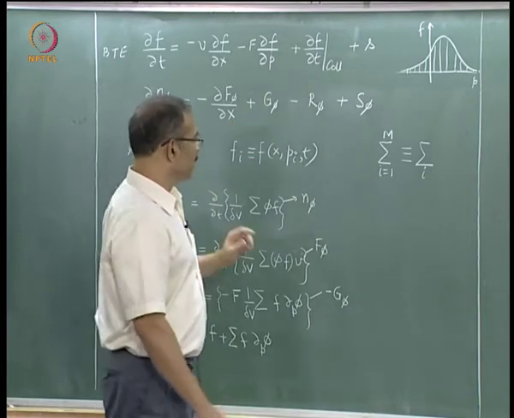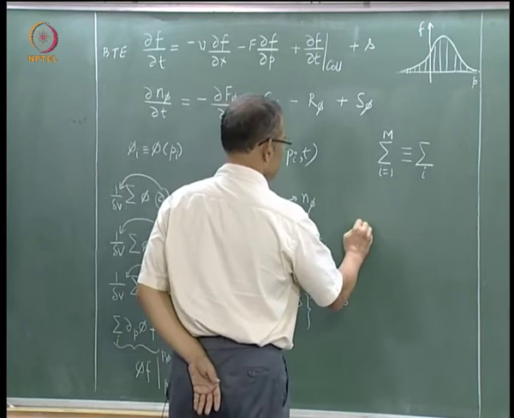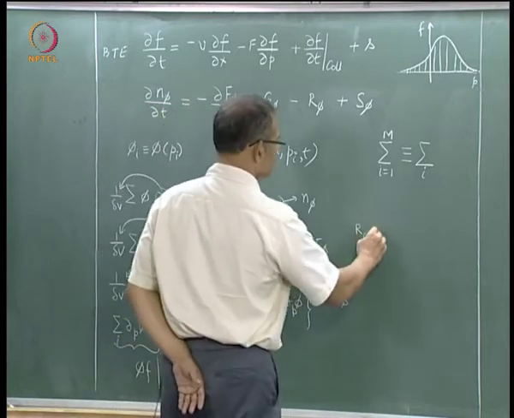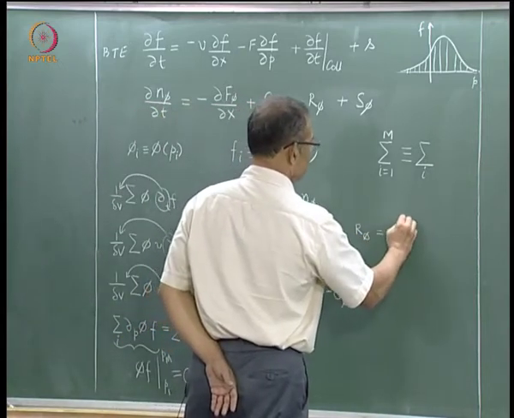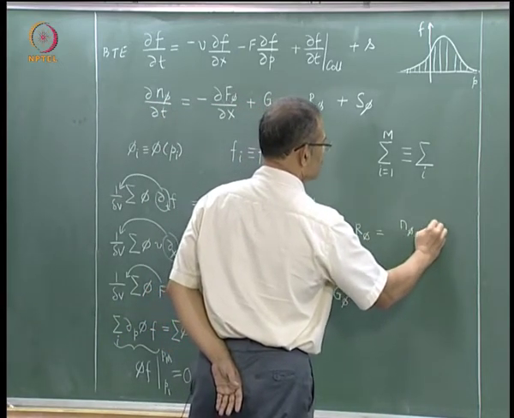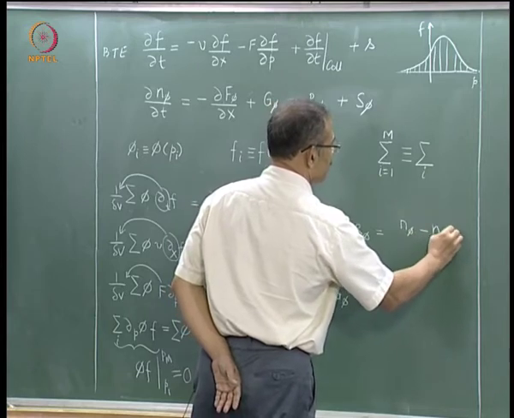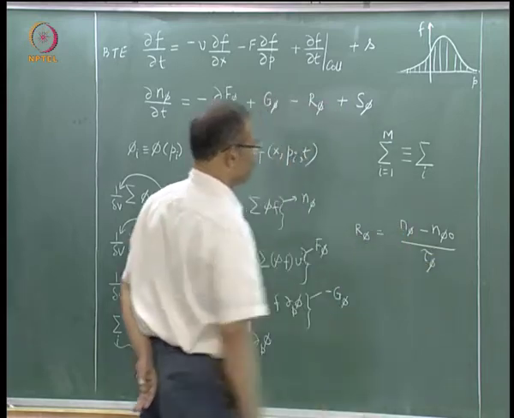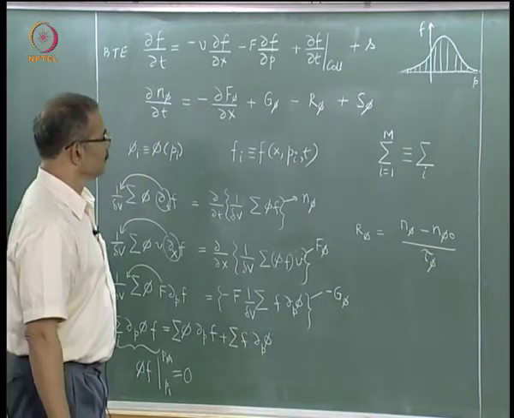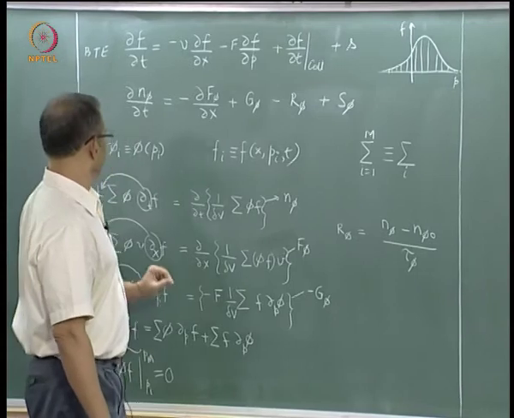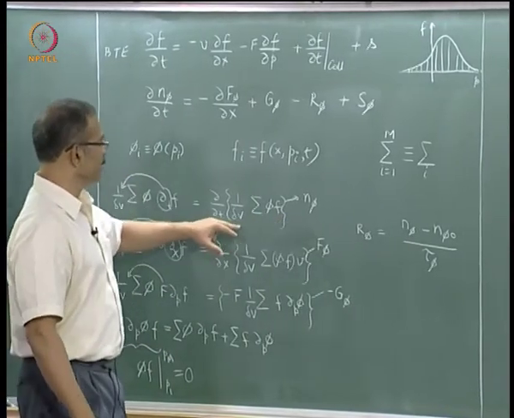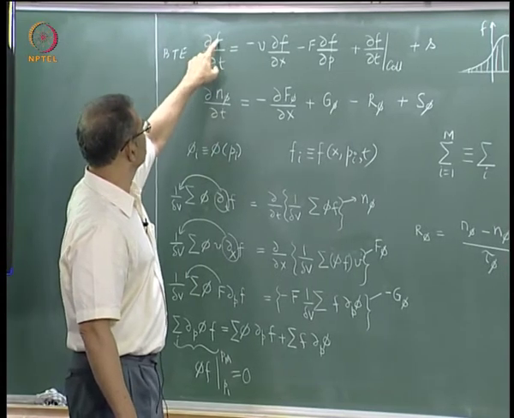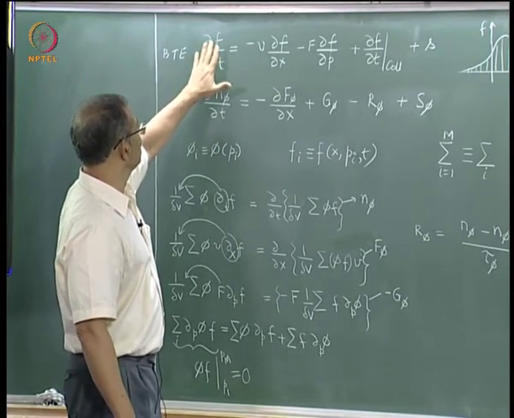So R phi, for example, is commonly cast in the form n phi minus n phi under equilibrium by a time constant tau phi. N phi is this quantity, obtained from f by multiplication by phi, summation and all that.